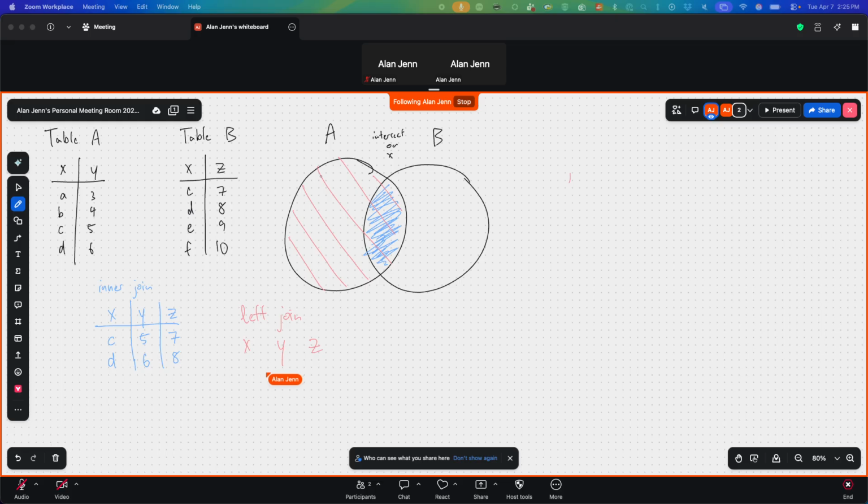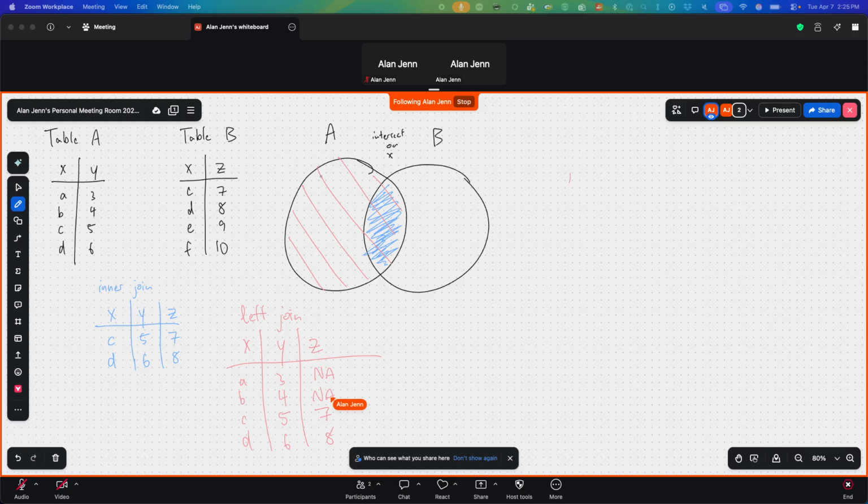Who can tell me what this table would look like? Any ideas? Yeah. For X, you have A, B, C, D. Yep. For Y, you have 3, 4, 5, 6. Specifically for part Z, only for C and D, it's 7 and 8. Yep, 7 and 8, and then you would have NAs in here.